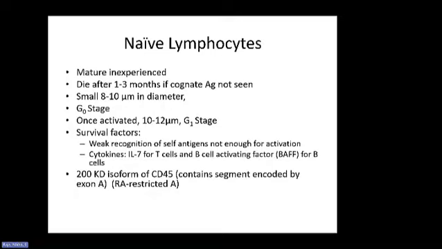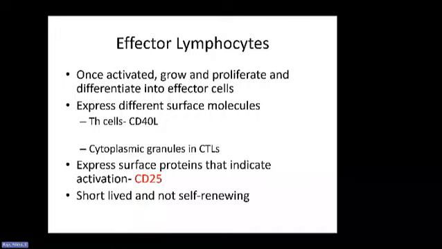One of them contains exon A, called restricted A, which means that exon A is present in that isoform. So that isoform is called CD45RA. CD45RA recognizes naive lymphocytes compared to the memory lymphocytes. We'll look at it in a minute.